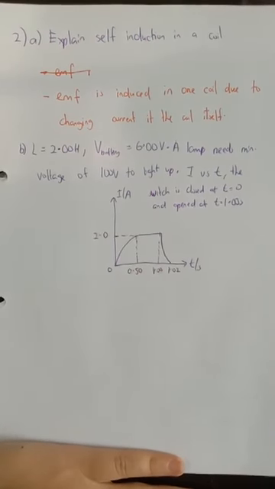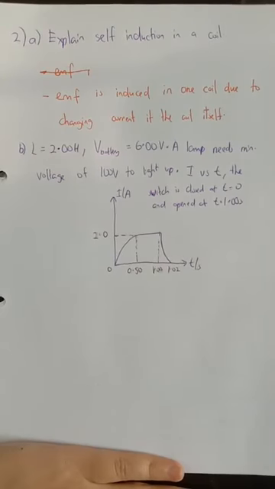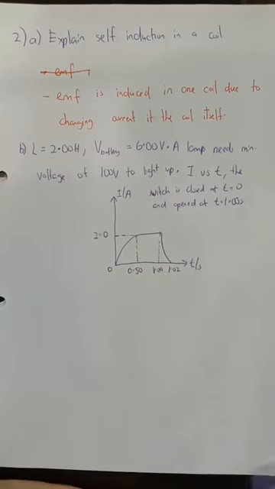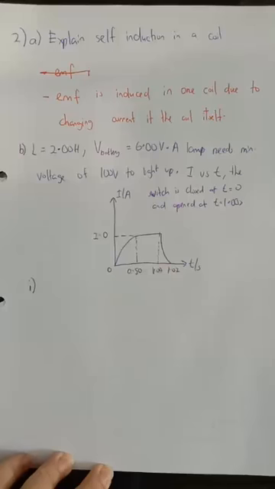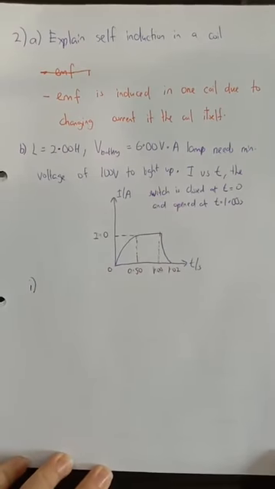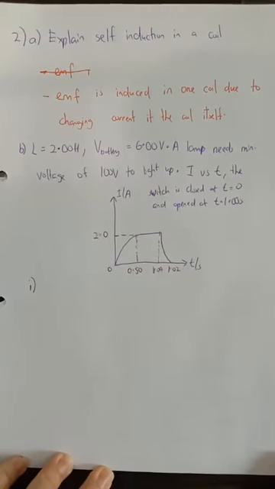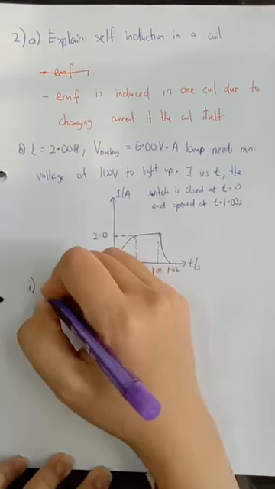A neon lamp which needs minimum voltage of 100 volt to light up is connected parallel to the inductor. The variation of current flowing through the inductor with time t is shown in a sketch of the graph below. Question number 1: determine the resistance of the inductor.